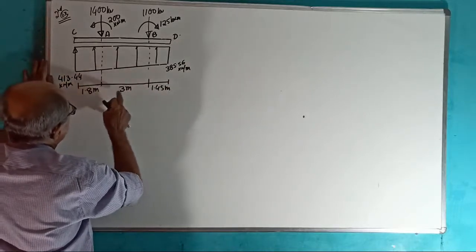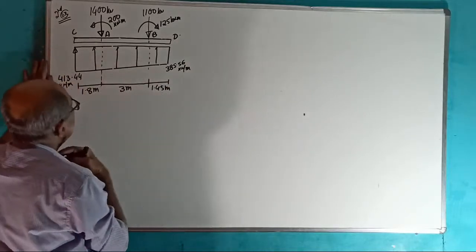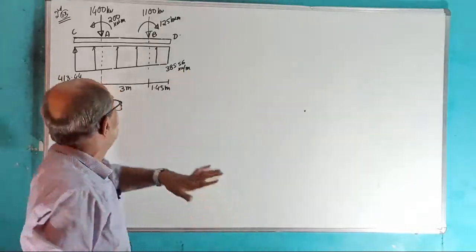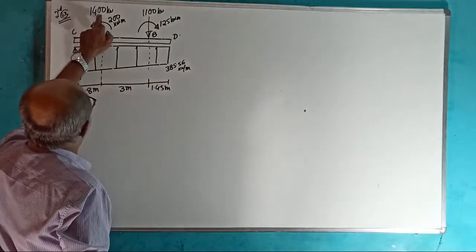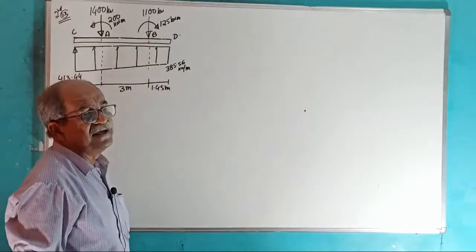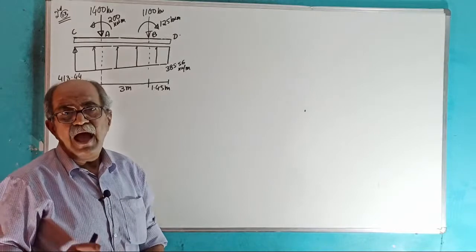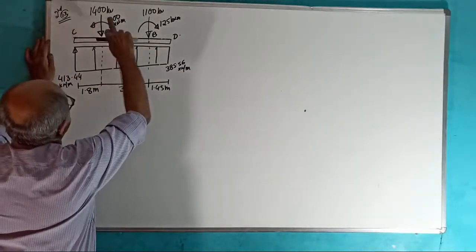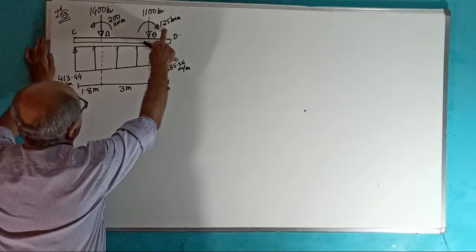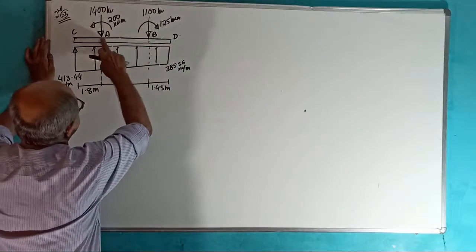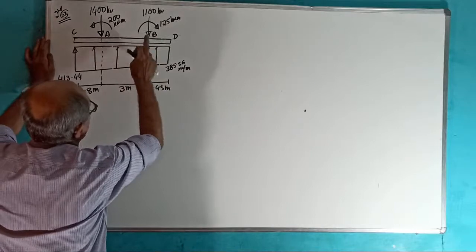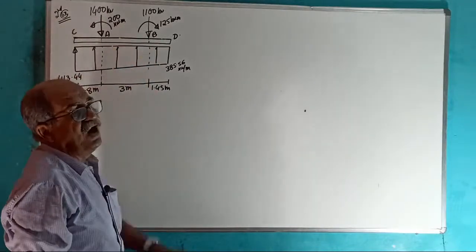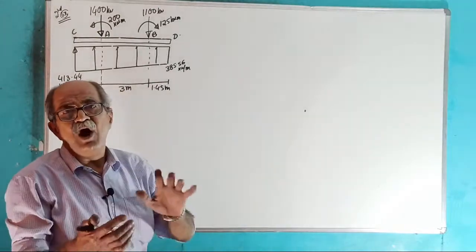A beam of length 6.25 meter is subjected to two downward point loads of 1400 kilonewton and 1100 kilonewton, along with an anti-clockwise couple of 200 kN meter and a clockwise couple of 125 kN meter, respectively, at those load points. These are column loads. The couple is a moment transferred from column to footing.